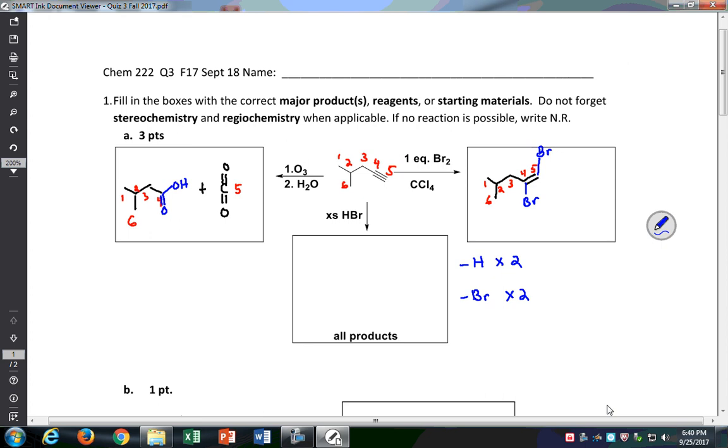The common mistake is putting one bromine on one and one bromine on the other. That's Br2. Our H adds in the least substituted, our bromines add in the most. If we add peroxide, both of our bromines would add in the least substituted. Unless it's an internal alkyne, we have no control. We're going to get a big mixture.